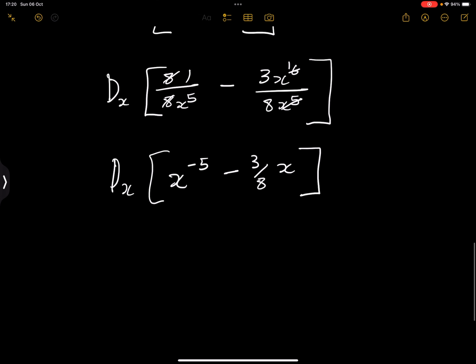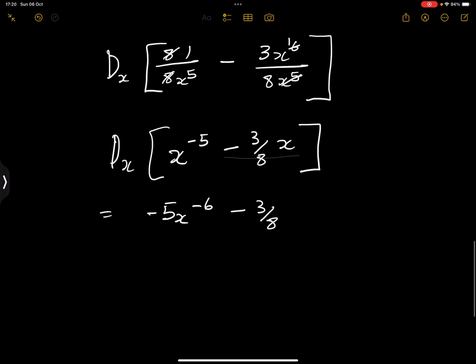Right, so now we're ready to find the derivative. So this is going to be equal to negative 5x to the power minus 6, minus 3 over 8. Right, and that is simply how the cookie crumbles.